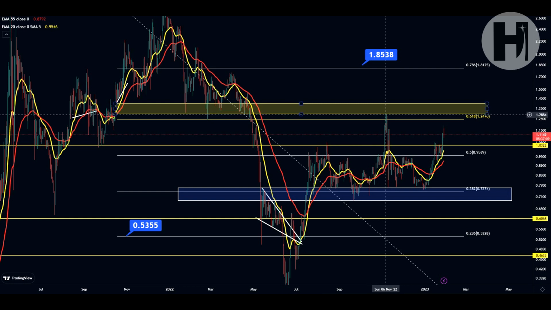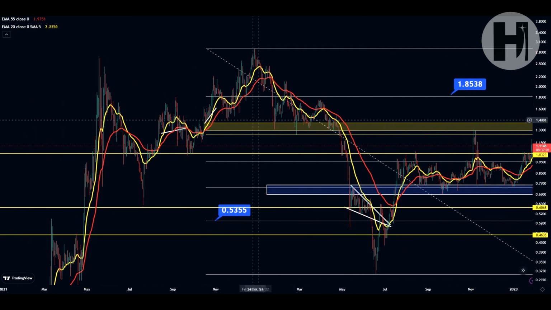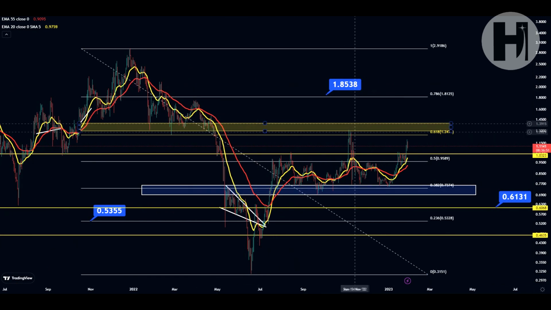I sold, I think, at $1.29 or something like that, right at the very top, and I bought back in at $1.02. So this resistance block is based off of all of these local lows that we printed throughout 2021 and 2022.